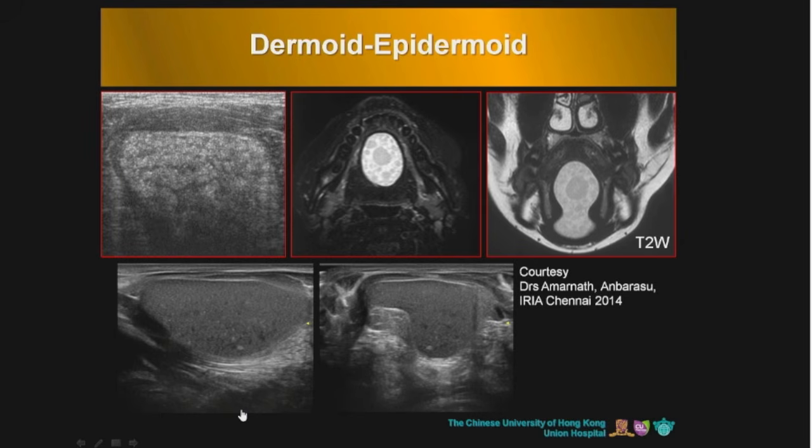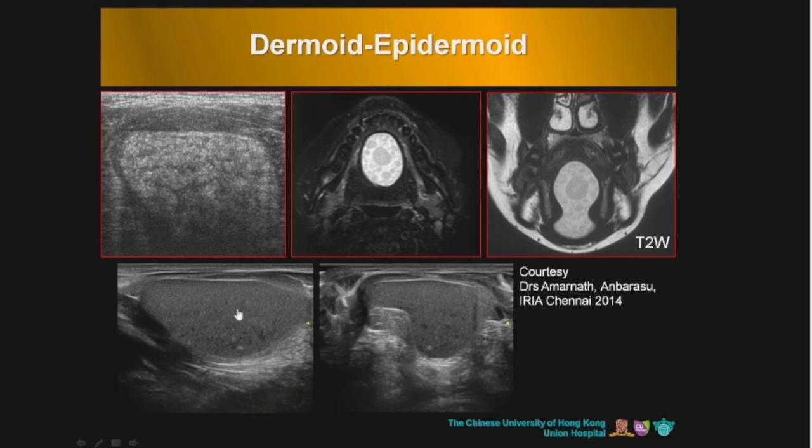In the head and neck, that does not work. In the head and neck, most cysts are going to be like this, the pseudo-solid appearance of a cyst, because they contain a lot of debris. This is desquamated epithelium inside the cyst. So most cysts, thyroglossal duct cysts, branchial cleft cysts, epidermoid cysts will have this pseudo-solid echo pattern.